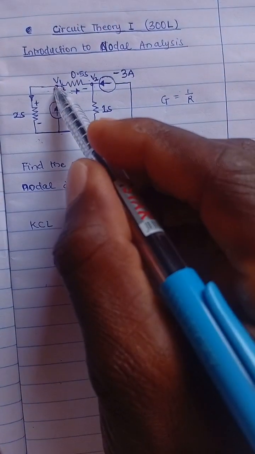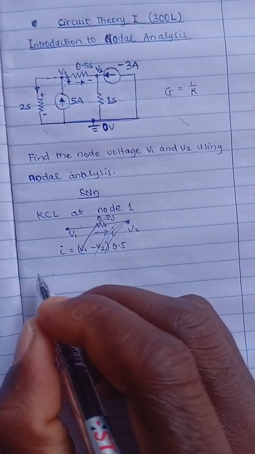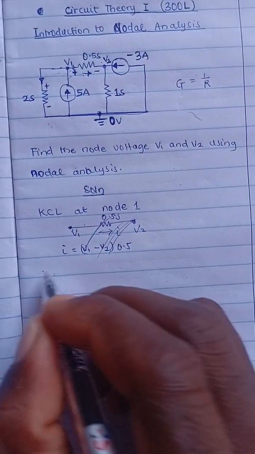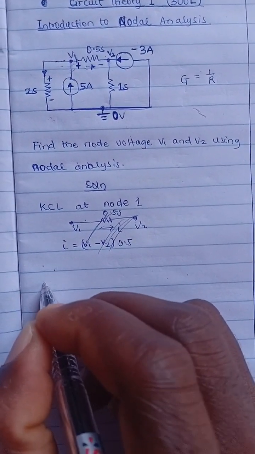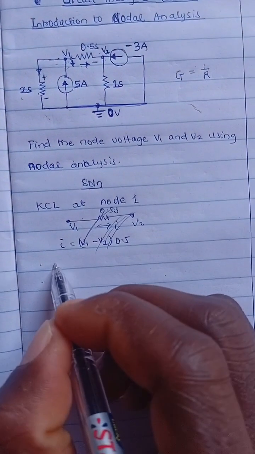So apply KCL at node 1. We know that a current is leaving this way, and when a current is leaving, that current is usually given a negative value. So there will be current leaving from this branch across this 2 Siemens resistor, and that current is going to be the voltage at the positive side minus the voltage at the negative side, multiplied by the conductance.